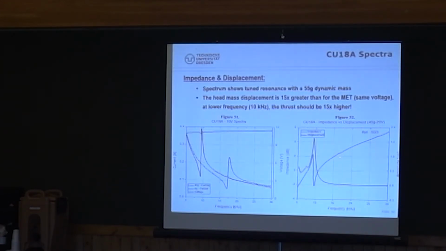And this is what you were asking about, Jamie. The displacement is shown in orange. The impedance is shown in blue. So low impedance, high amplitude. That is in micrometers. At 20 volt amplitude, I have almost 2 micrometers. 1.6.